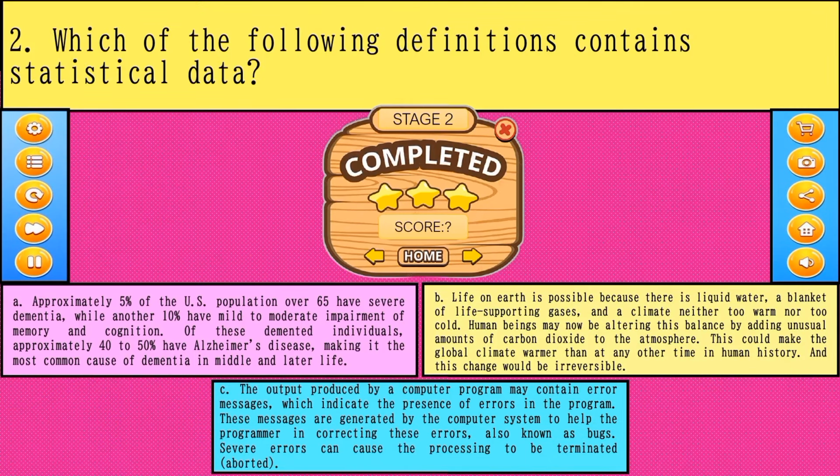Number 2. Which of the following definitions contains statistical data? Letter A. Approximately 5% of the U.S. population over 65 have severe dementia, while another 10% have mild to moderate impairment of memory and cognition.